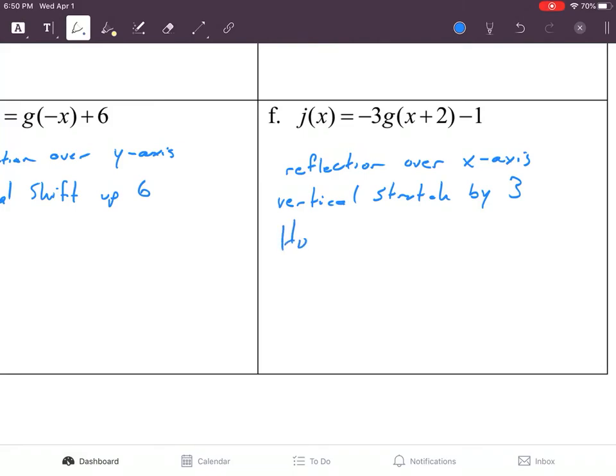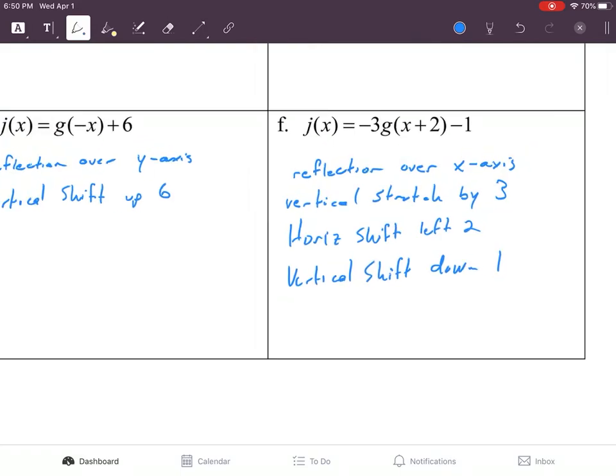We have a horizontal shift on the inside, and it's going to the left by 2. And lastly, we have a vertical shift. It's going up, oh, sorry, it's going down by 1. Okay, and that's it.